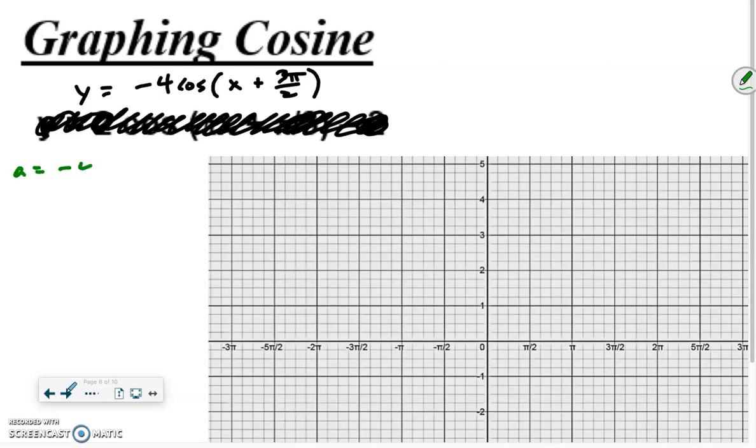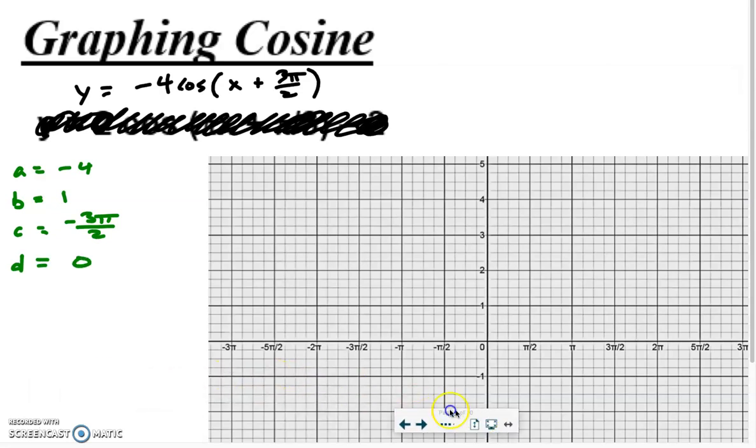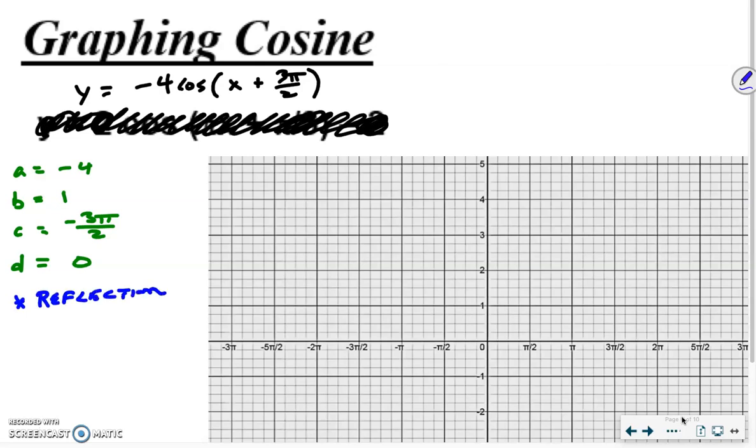So we would say that A is negative 4, B is 1, C is negative 3 pi over 2, and D is 0. Not adding or subtracting anything on the backside of this. So what that leads us to be able to say, since A is negative, yes, we do have a reflection. Let's see, the amplitude.